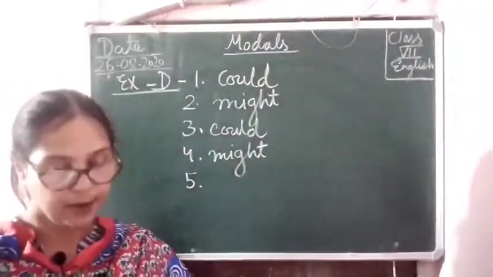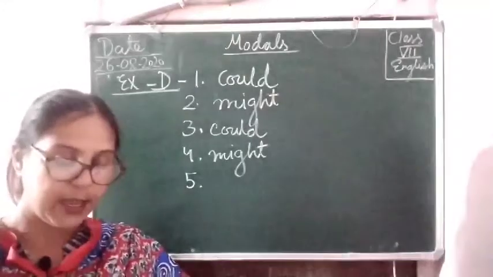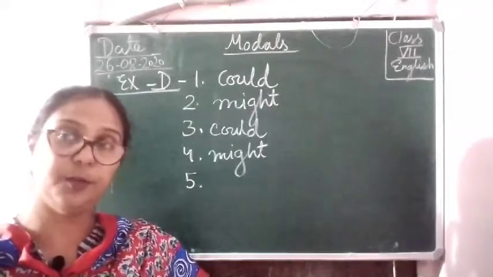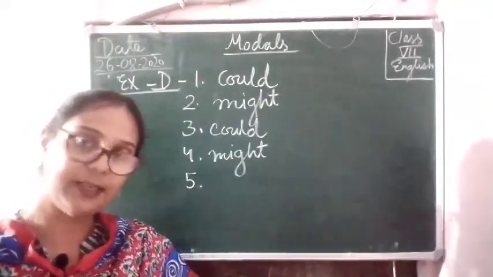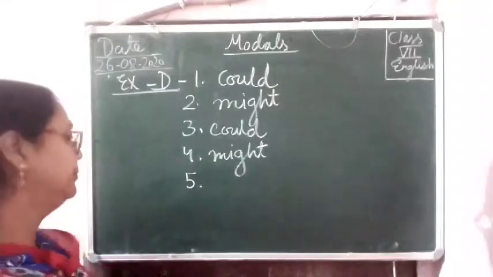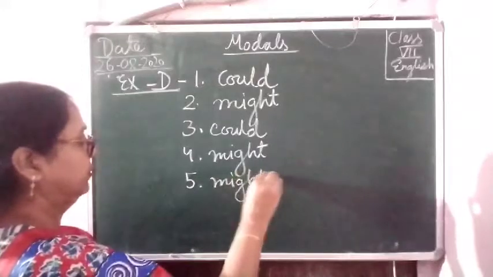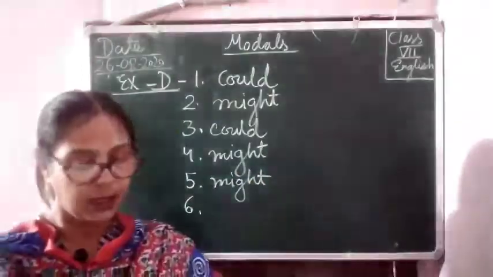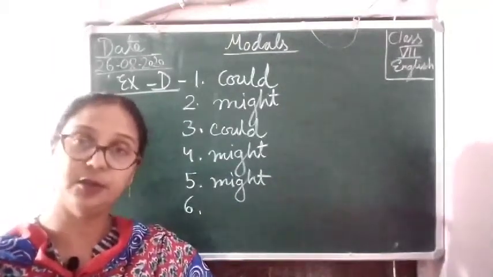Now in number 5, they dash be waiting for us at the station. In this we have to show weak possibility. So what are we going to use over here? Again, might. It means they might be waiting for us at the station.